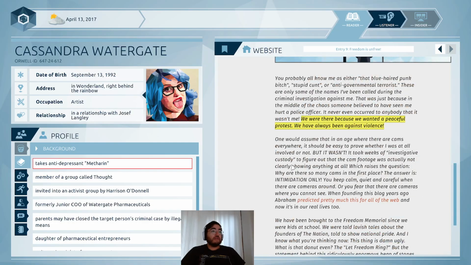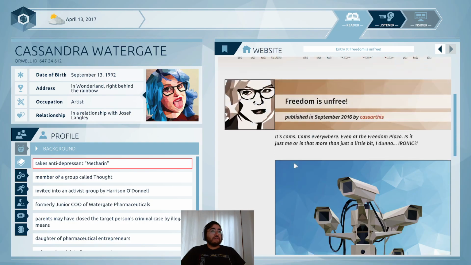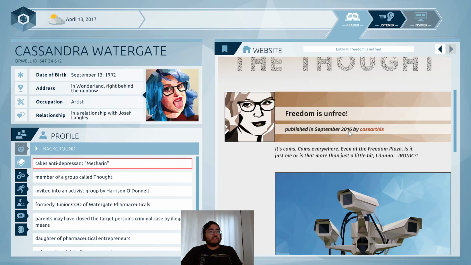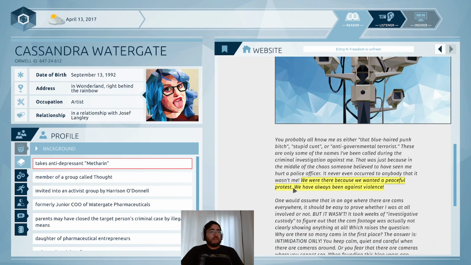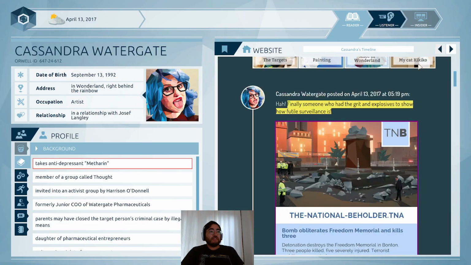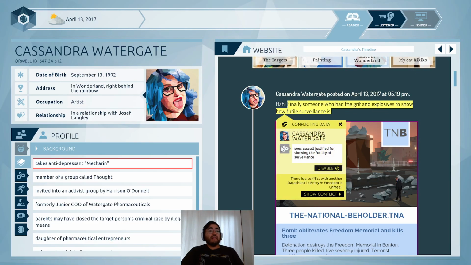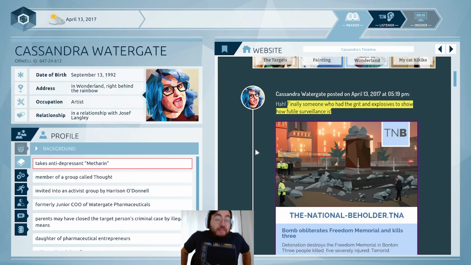What's the conflict here? Okay, so in 2016, over a year ago, she published, "We wanted a peaceful protest. We've always been against violence." But here she was celebrating someone blowing up the plaza, which means she is for violence. So we have to decide right now if we think she's a violent person or a peaceful person.